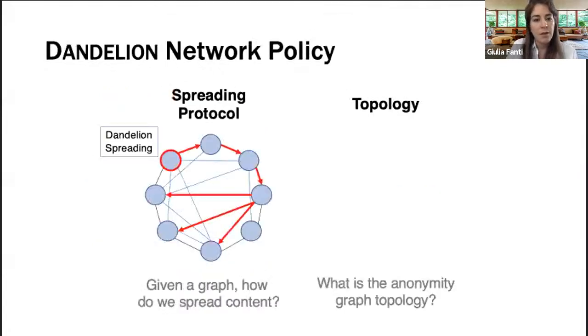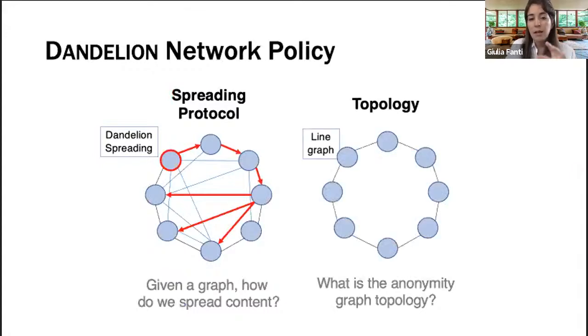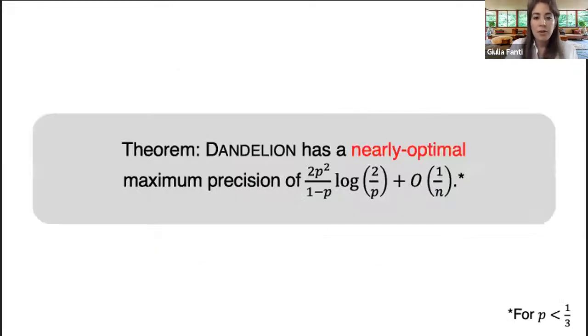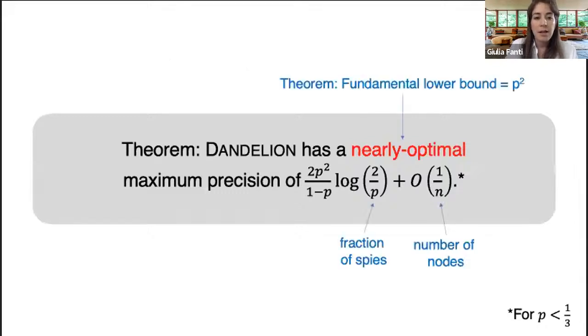Okay, so we have kind of two components. One is that we use this Dandelion spreading, and the other is that we change the topology of our peer-to-peer network to actually look like a cycle. And you can show that under these conditions, Dandelion has a nearly optimal maximum precision. So here by nearly optimal, I mean within a log factor of our lower bound, p squared.